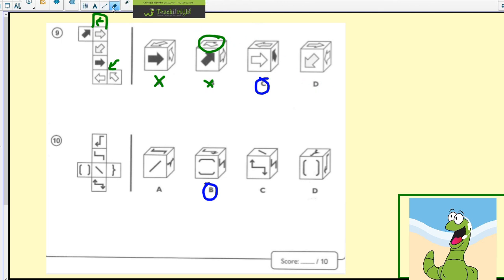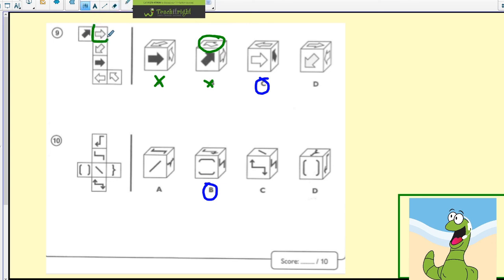And then finally, if we look at D, we've got this white arrow pointing in, which is this arrow here pointing in. Already, hopefully we can see, I think, this pair here. Well, several reasons.